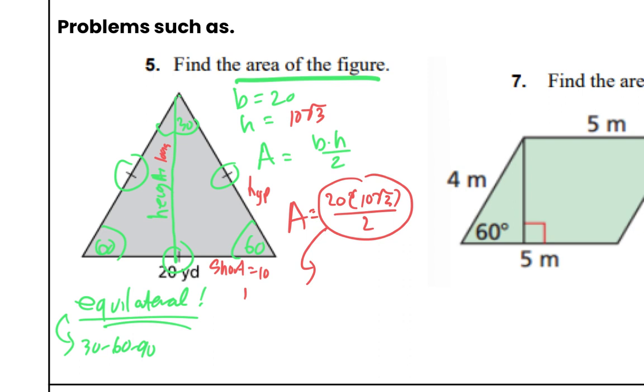If we put that into Desmos, we're going to get approximately 173.205. So both of these are the same answers, either one. Your answer might be something like that or something like that, but either way, just type it into our calculator and we'll see. This 20 times the 10 might be multiplied and then divided by 2, but either way, we'll just type it in.